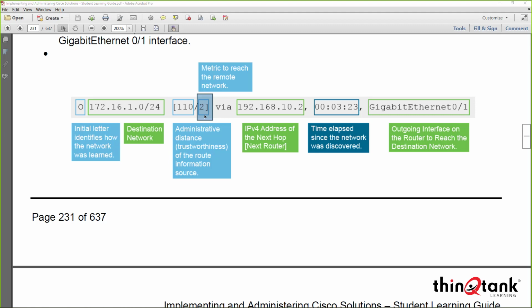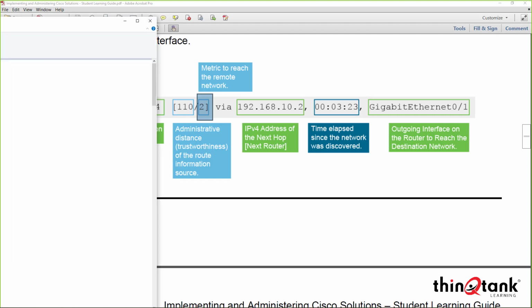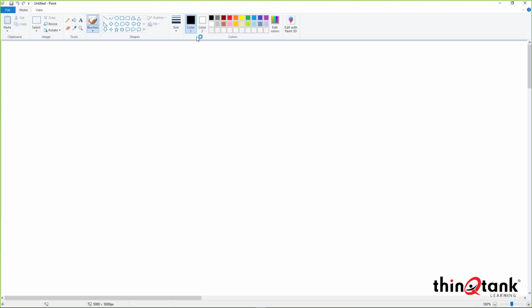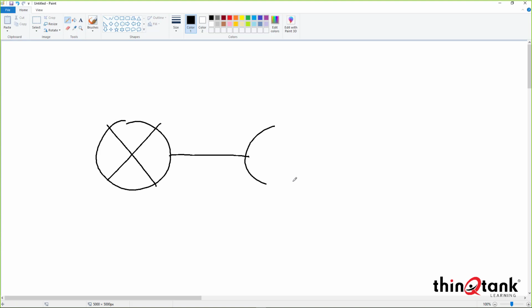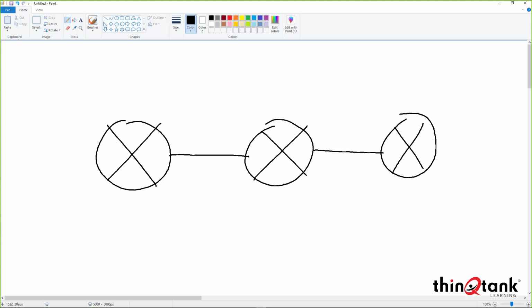Let me explain a couple of things here because this is a really, really fundamental concept to understanding routing. All right? Let's say that I have a router here, and I am trying to reach a destination. And that destination is 3 hops away.